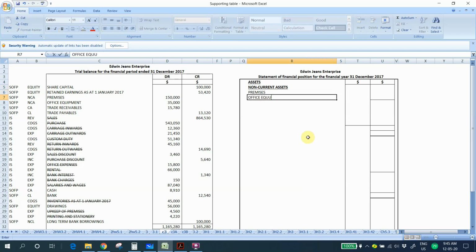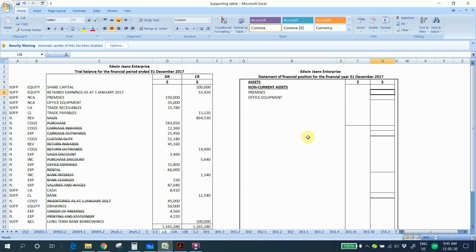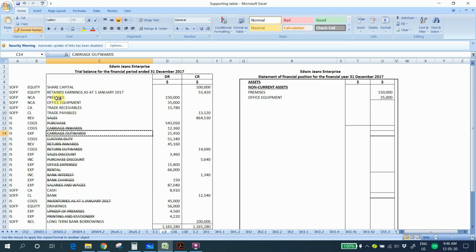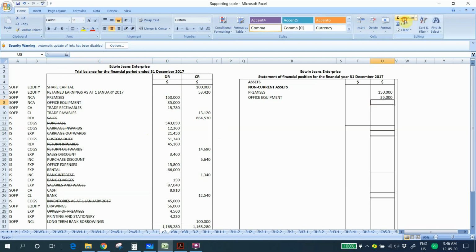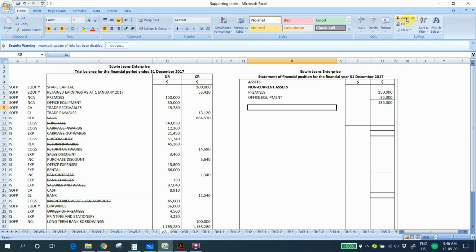Those items are likely to be used for more than a year, so we consider them as non-current assets. So 150,000 for premises, 35,000 for office equipment, and no more NCA. So these two, your total non-current asset is 185,000, and then current assets.